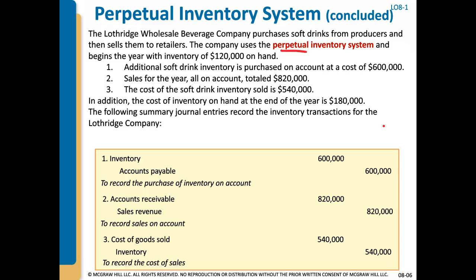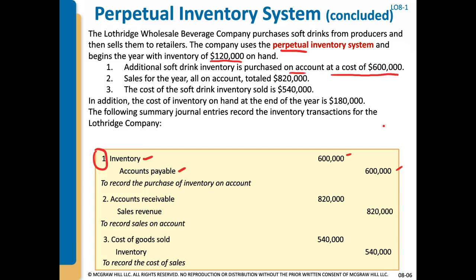The company uses a perpetual inventory system, and the beginning of the year inventory is $120,000. We're going to go over number 1 and 2 in this, actually all 3. Additional soft drink inventory is purchased on account at a cost of $600,000. So this is just your typical purchase of inventory. So for number 1, we debit inventory and we credit accounts payable for the $600,000. And the reason we credit accounts payable is because it says on account.